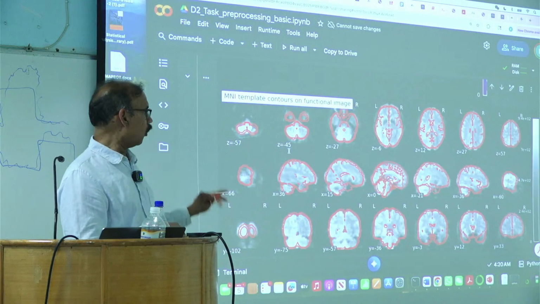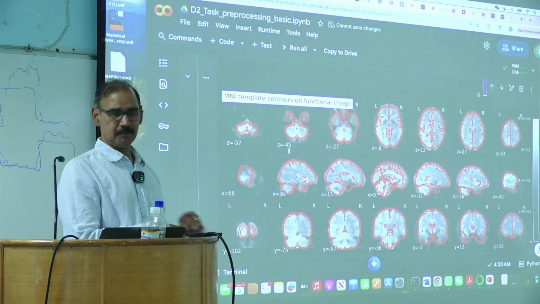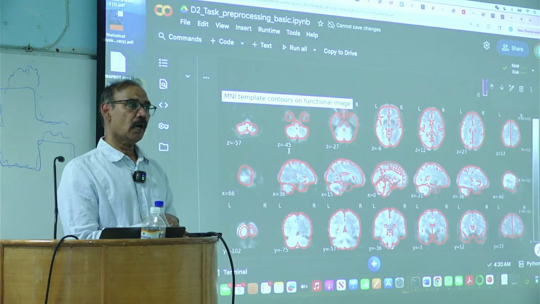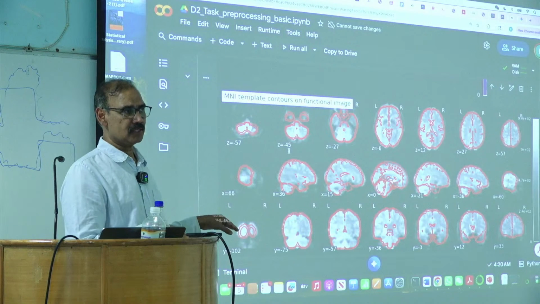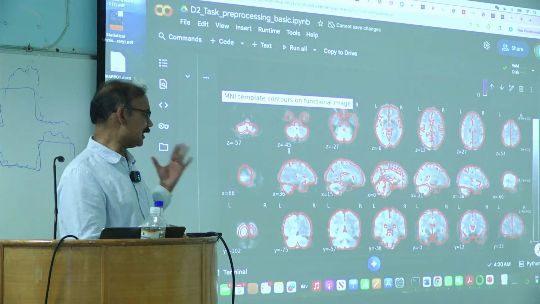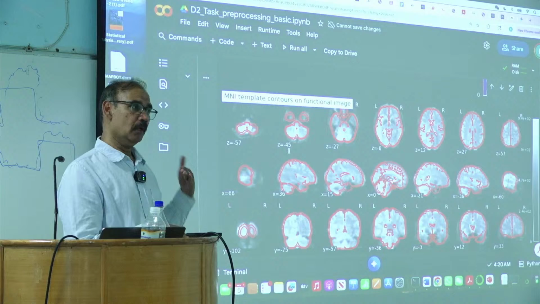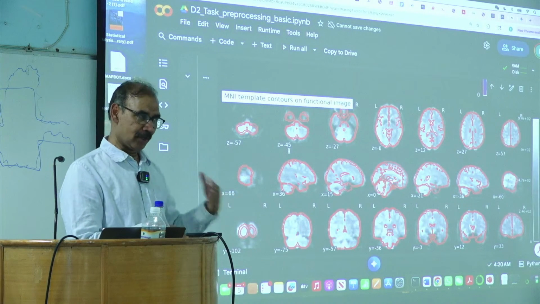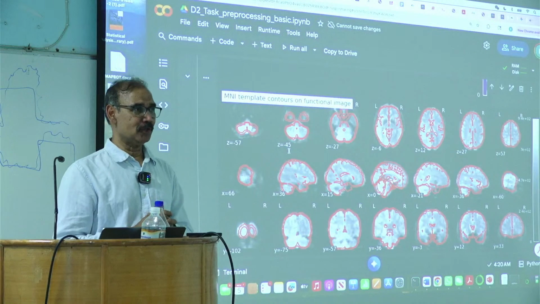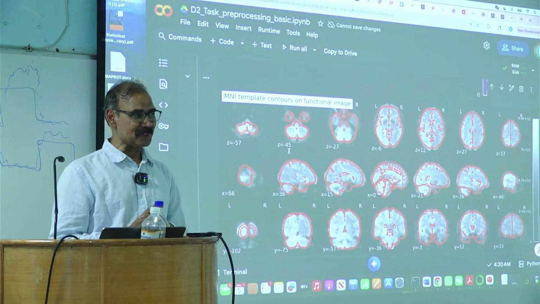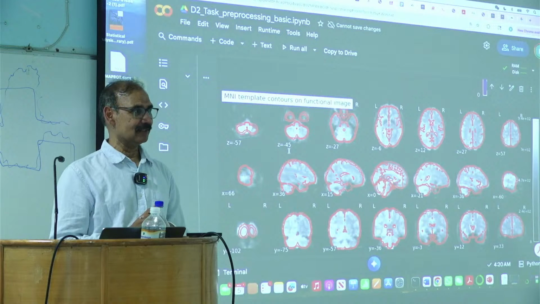If you're doing whole brain across many subjects, it's highly unlikely that you would see something. But if you see it, then go through it on a subject-wise basis, and if you still find it, then what you should do is not use the MNI template, right?